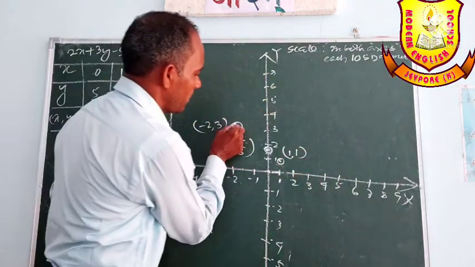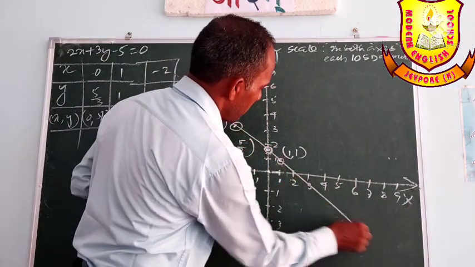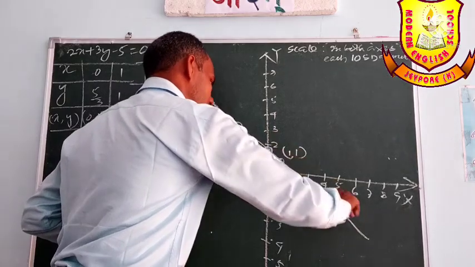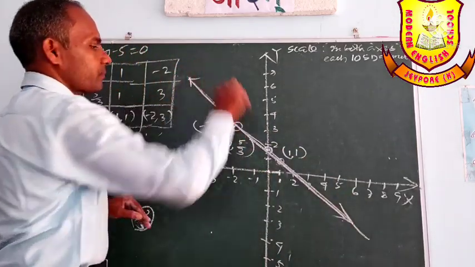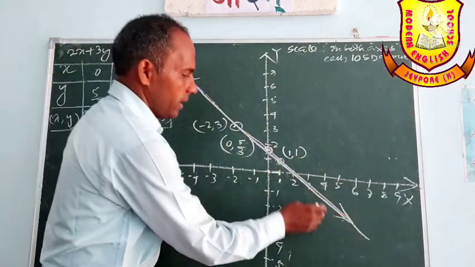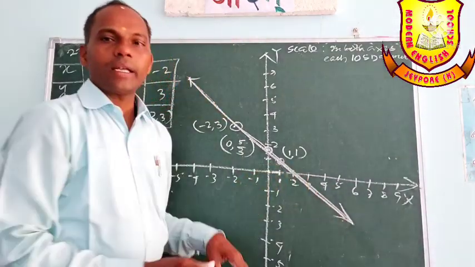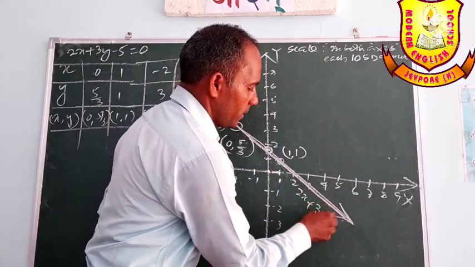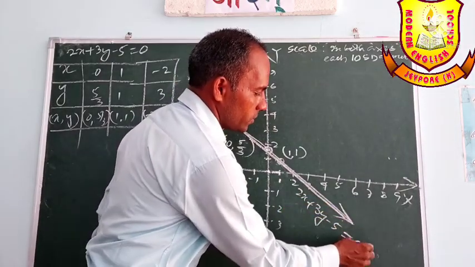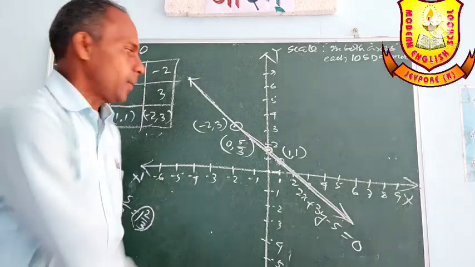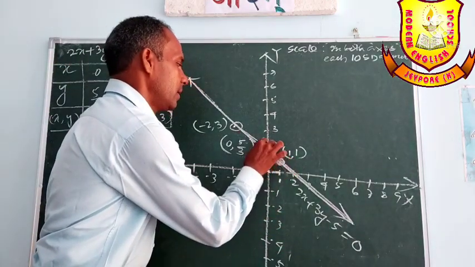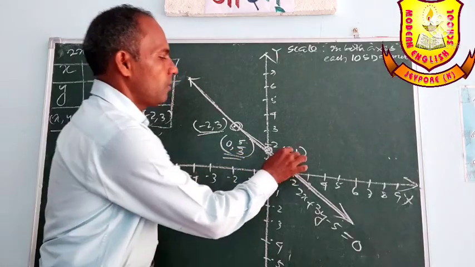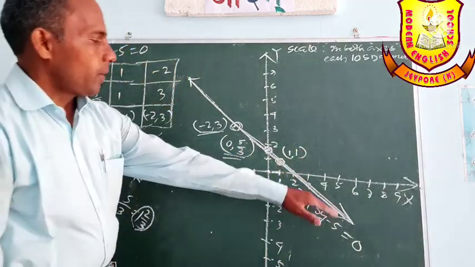Next we have to join the points. This will be a straight line, and on the straight line you have to write the equation, that is 2x plus 3y minus 5 equal to 0. You have to locate the points and write minus 2, 3; 0, 5 by 3; 1, 1, and draw the line.